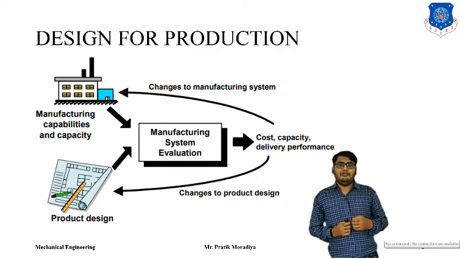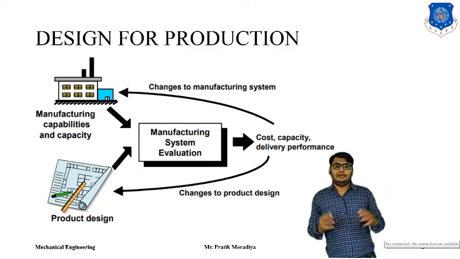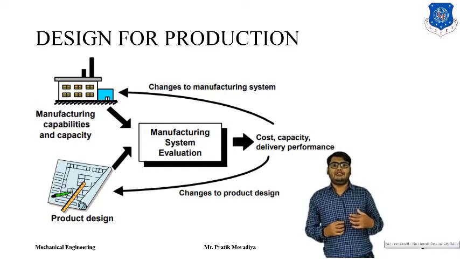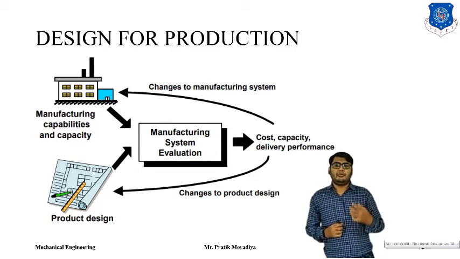Now, do I have enough resources? Do I have a large enough capacity? Do I have a large enough production system which can produce 1000 parts in a week? That is the capacity of the production system: how much volume you can produce in a given time.